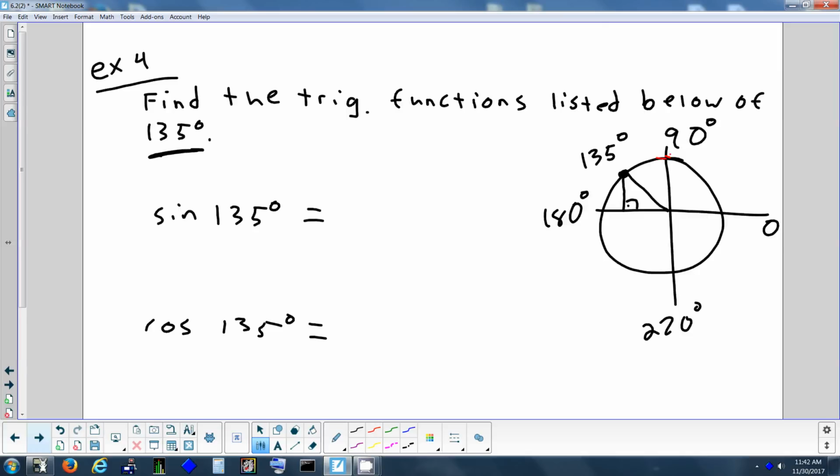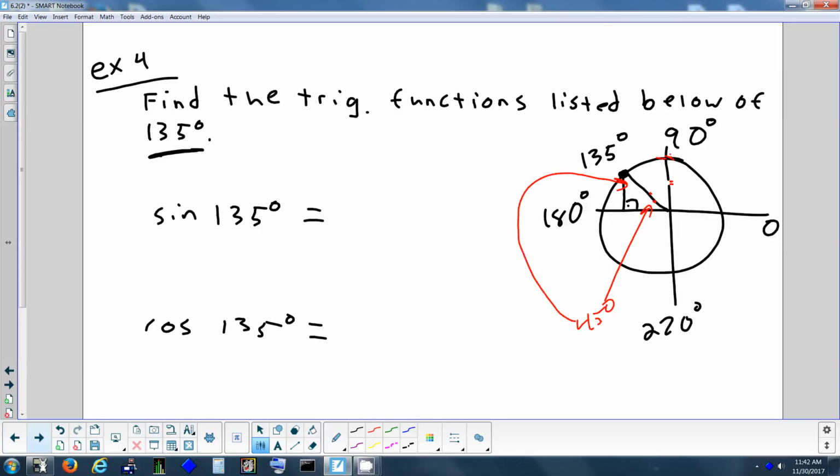So to go from 90 to 135, this part is 45, which means the part on the inside is also 45, because together the quadrant is a 90. So it's a 45, 45, 90 right triangle. But now it's mirror imaged into quadrant 2.